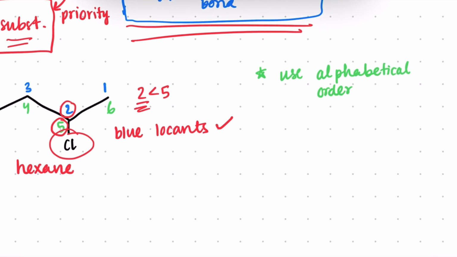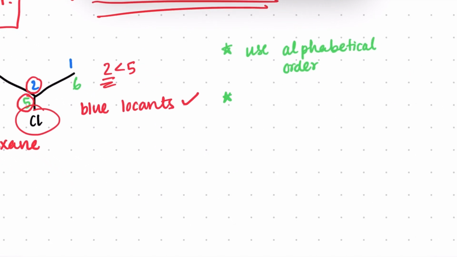And also, another thing to keep in mind is that when you're having multiple of a similar substituent, then we have to use some specific terminology. So when we're having multiple of the same substituent, if there are two, then we have to use di. 3 would be tri. 4 is tetra.